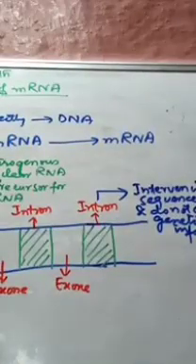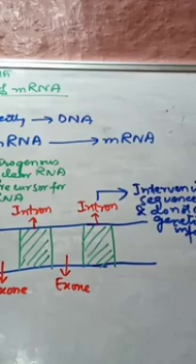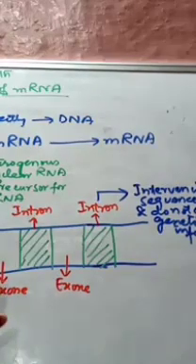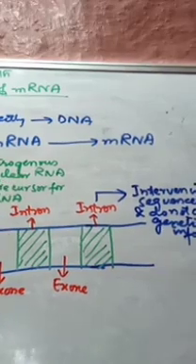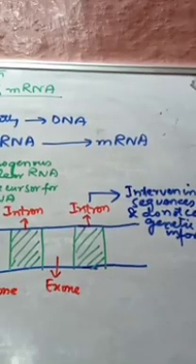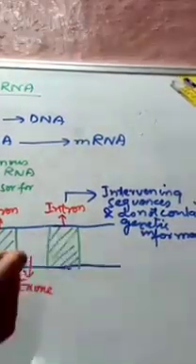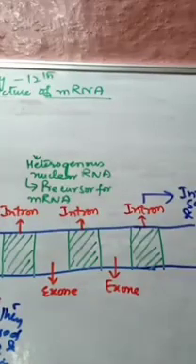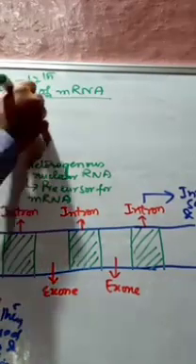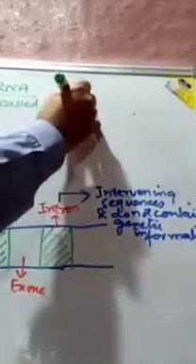What happens now? Since the introns do not contain genetic information, they are removed, and the removal of introns is called gene splicing, or RNA splicing.